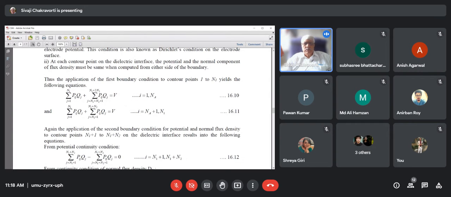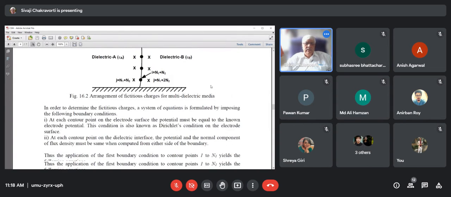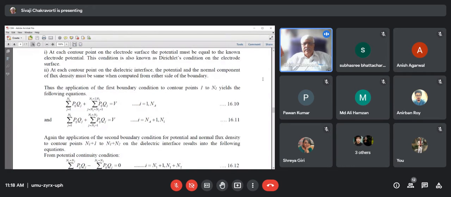That's exactly 16.11, left hand side, and the summation is equal to the known electrode potential. And this will be applicable to how many points? NA plus 1 to N1. So here you can see 16.11, i varying from NA plus 1 to N1.